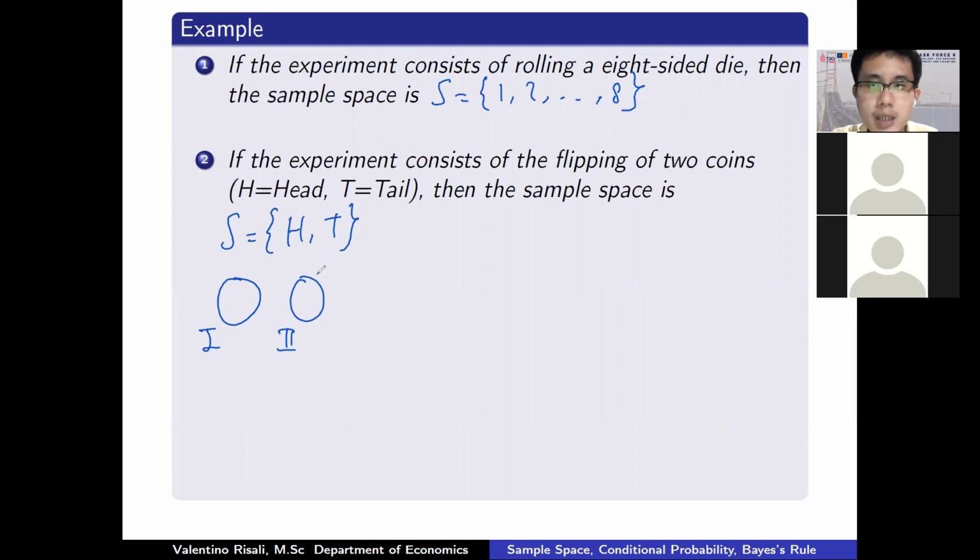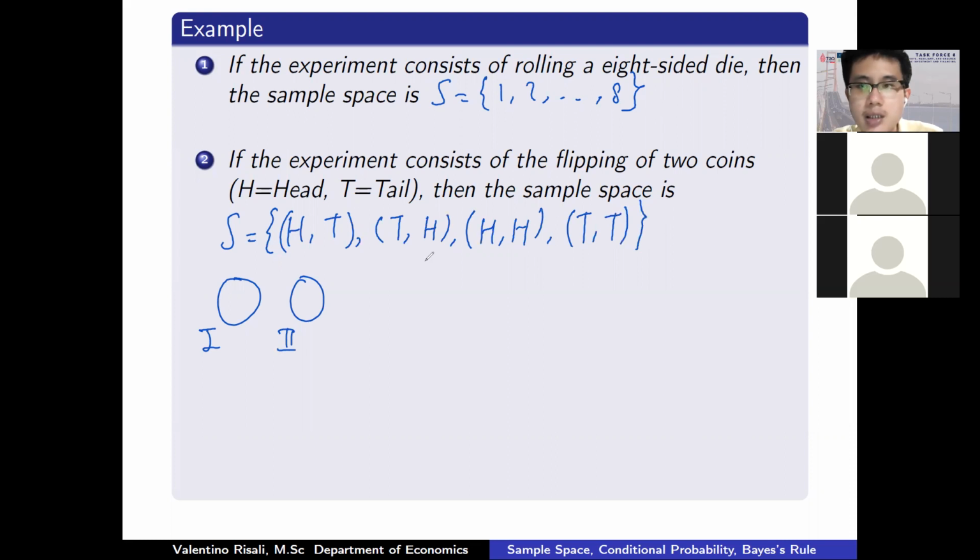So we can write it by this notation, because if we write only H, it means only a coin here. So we must write it in a pair, such as H comma T, and then T comma H, H comma H, and this is T comma T. And these are all the outcomes of this experiment.